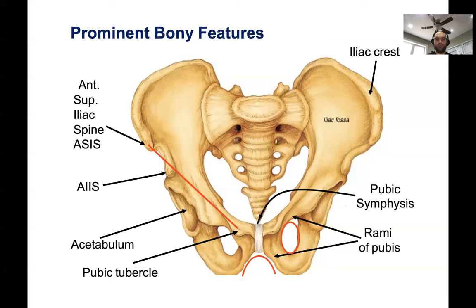Anterior superior iliac spine, ASIS for short. For this structure specifically, we like to use the acronym a lot.